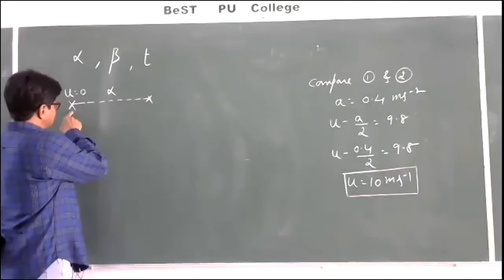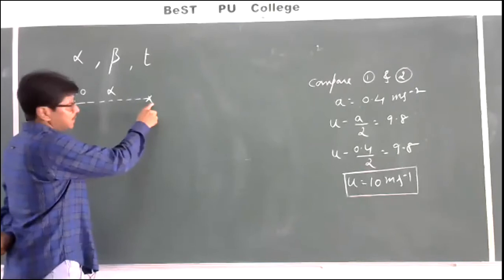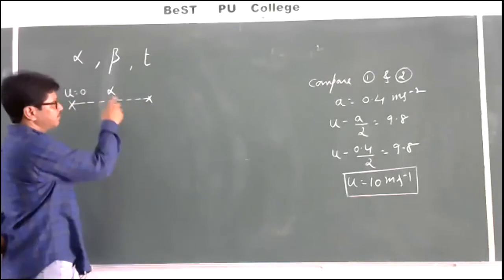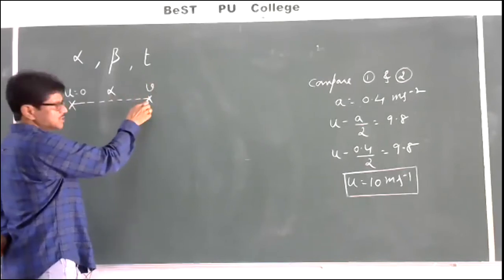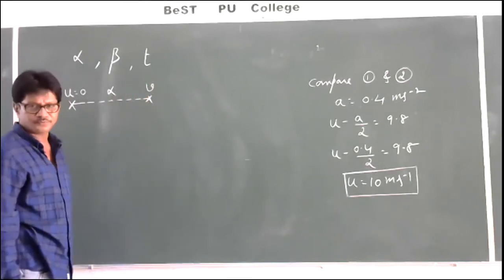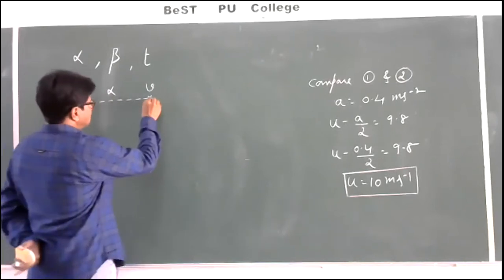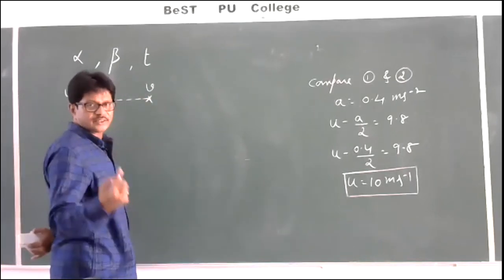Up to here the velocity will increase because the body is moving with certain acceleration, so it reaches the maximum value. Then after that it deaccelerates.